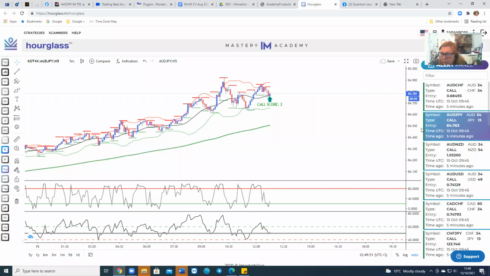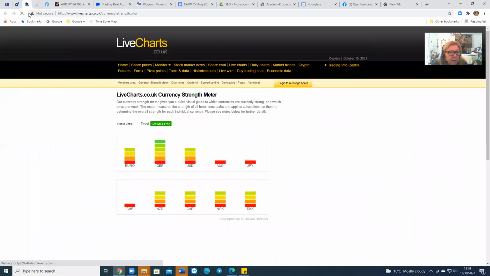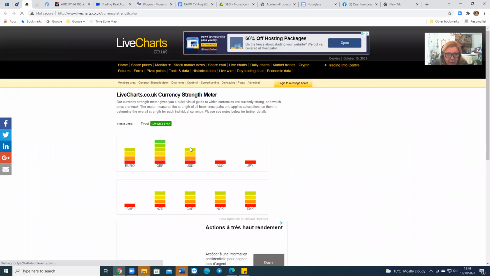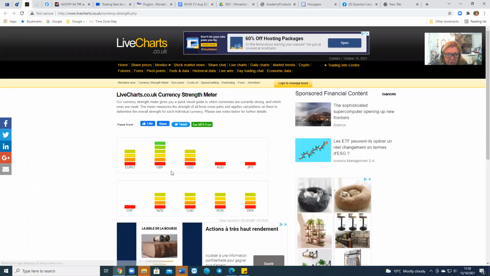So we'll carry on, just go back to our currency strength meter. So we've got US dollar. This is the daily average though. So we're in today on the 5 minutes. This sometimes can lag a bit behind because we know the US dollar has been strong, but the Australian dollar has been strong as well.